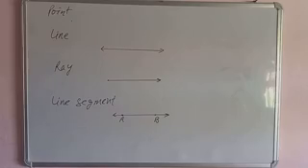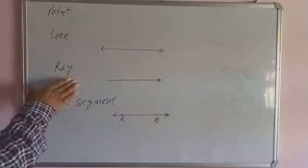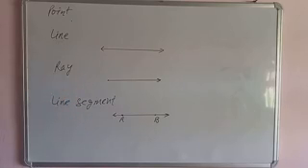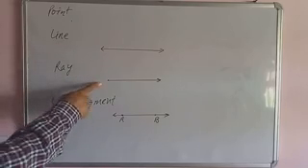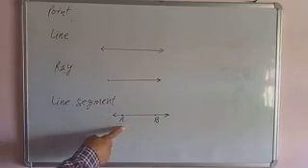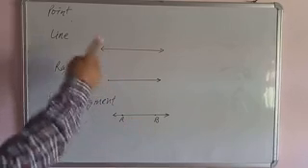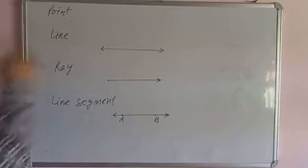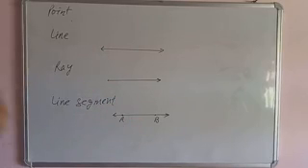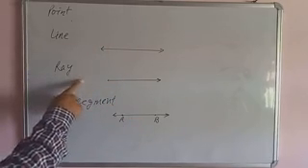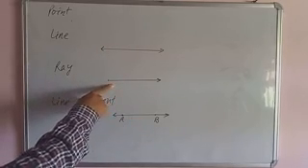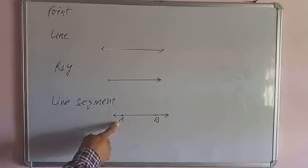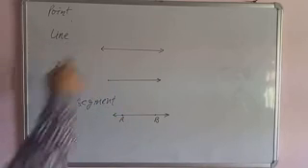Now the question is, what is the difference between a ray, a line and a line segment? A ray has one end point, a line segment has two end points and a line has no end point. Second, a ray cannot be measured, a line segment can be measured and a line cannot be measured.